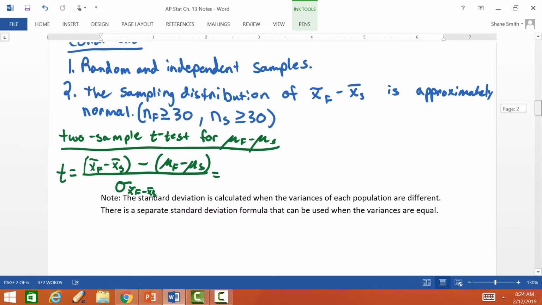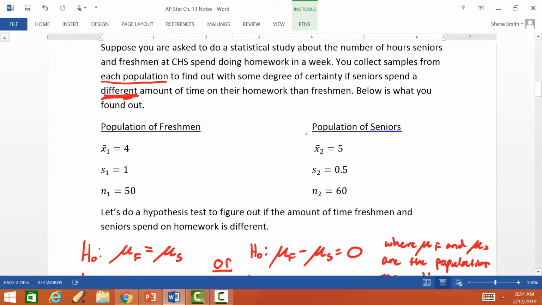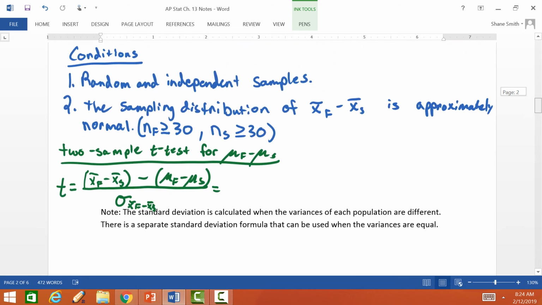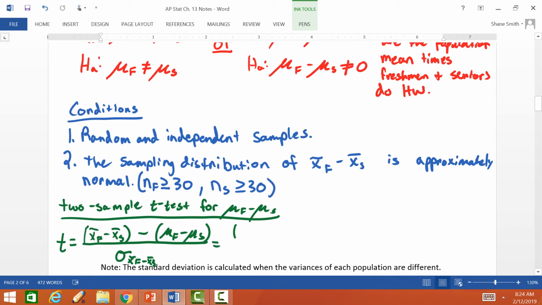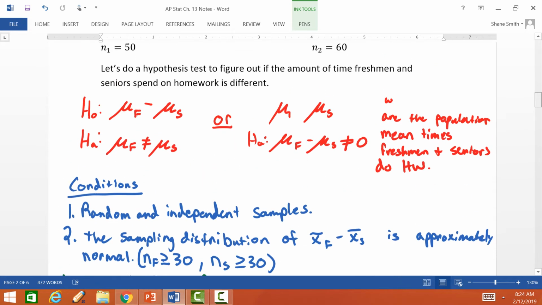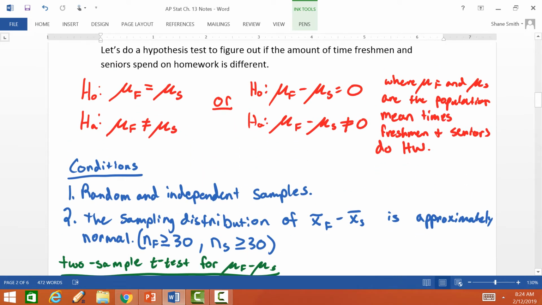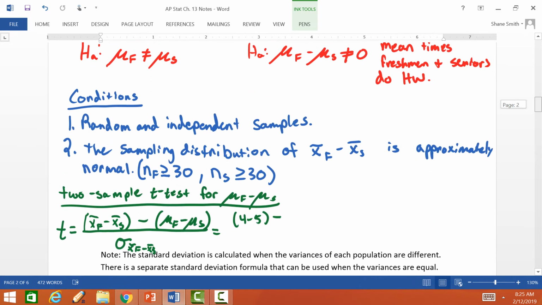So x bar sub f, if we go back up here, is 4. X bar sub s is 5. So this is going to be 4 minus 5 minus mu sub f minus mu sub s. Well, remember that comes from our null hypothesis. And in our null hypothesis, we are assuming that that difference is 0, that there is no difference.